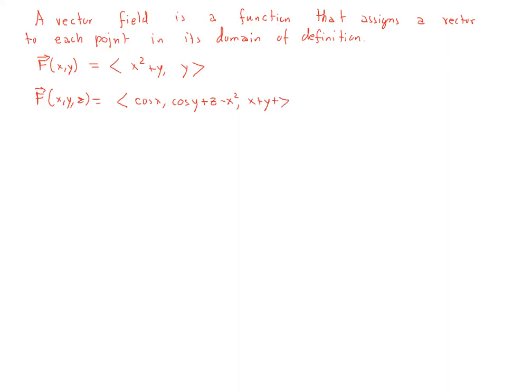And of course, by taking advantage of the basis vectors i, j or i, j, k, you can rewrite this as (x squared plus y) times i plus y j, and this as cosine x times i plus (cosine y plus z minus x squared) times j plus, I said z here, but I never wrote it, (x plus y plus z) times k.